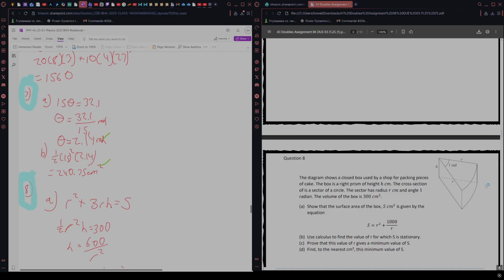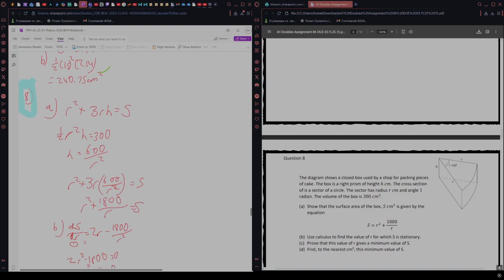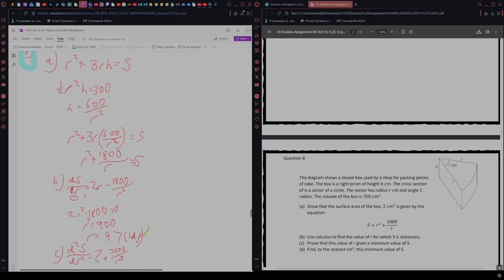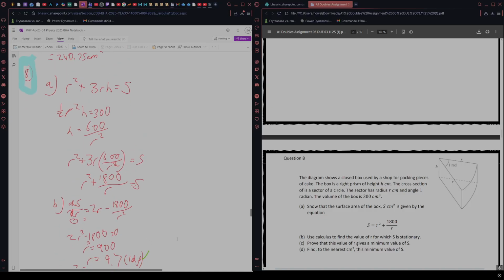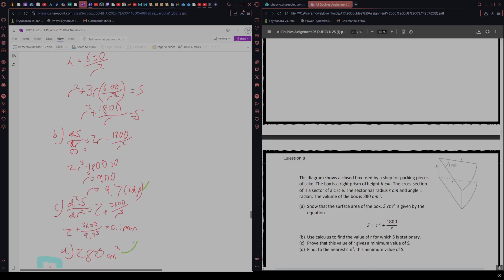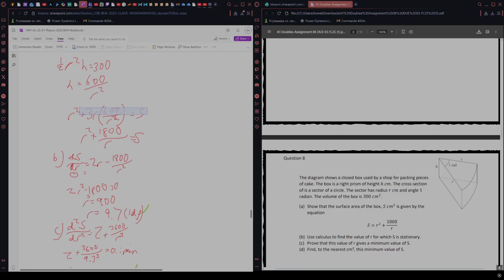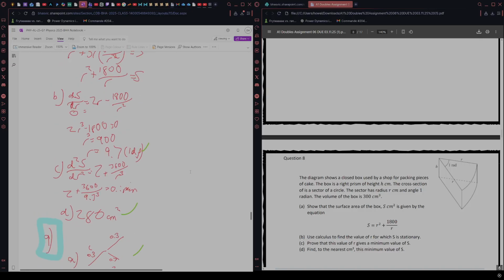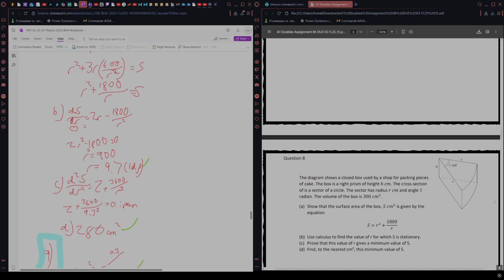And we know that the volume is 300, substitute the stuff in, get this equation, find the derivative, set it to 0, find the minimum value, then do the derivative again, substitute the value in, say it's greater than 0 for a minimum, and then substitute that back into the main equation. If you haven't seen this question before, then I'd be surprised. And if I explained that too fast and you need more practice with optimization, then just go look at the earlier questions in the assignment.